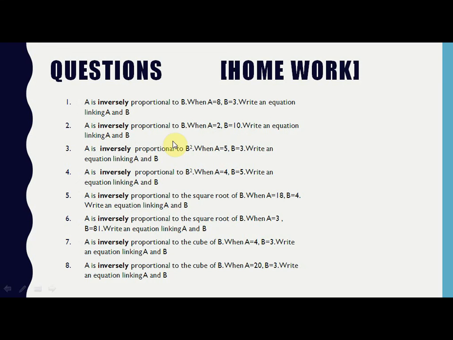Then A is inversely proportional to the square of B, and the same again with different values. You just have to put in the values to find the value of K and write the equation linking A and B. The fifth question is: A is inversely proportional to the square root of B, and the sixth is the same as the fifth. The seventh is: A is inversely proportional to the cube of B, and the eighth is also A inversely proportional to the cube of B.